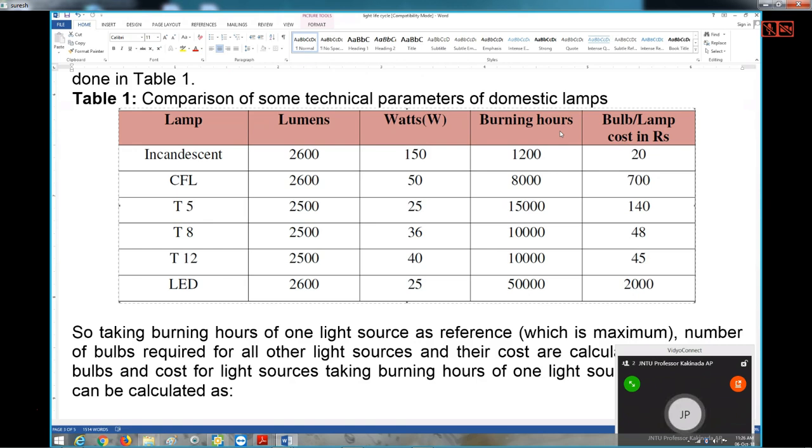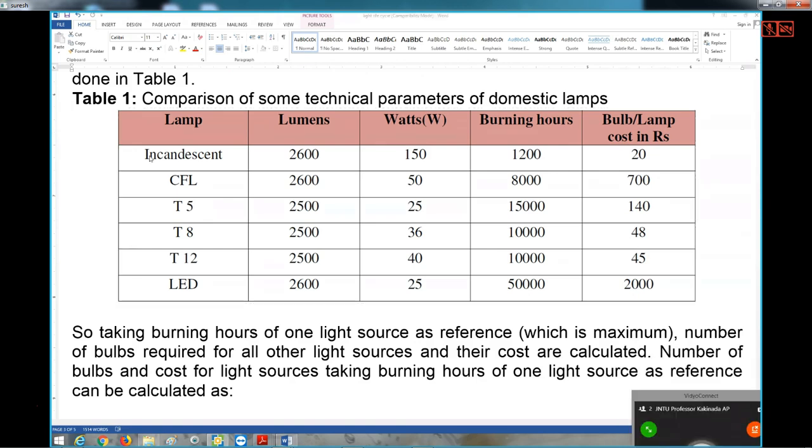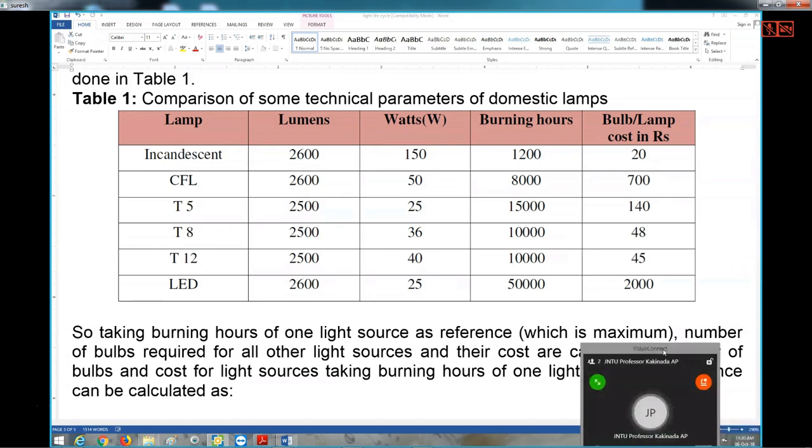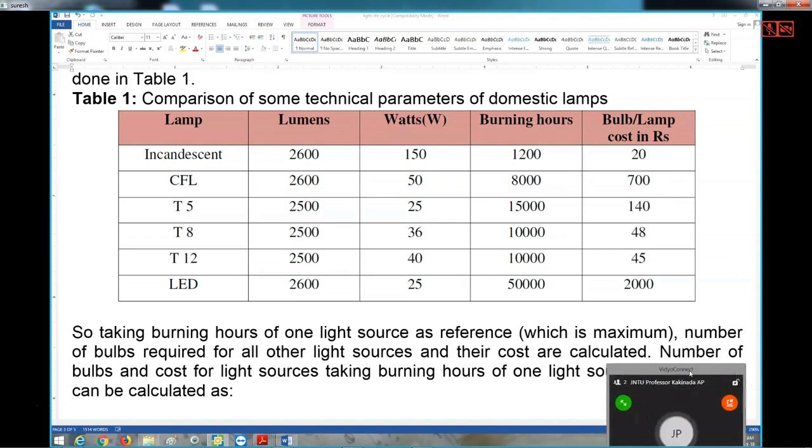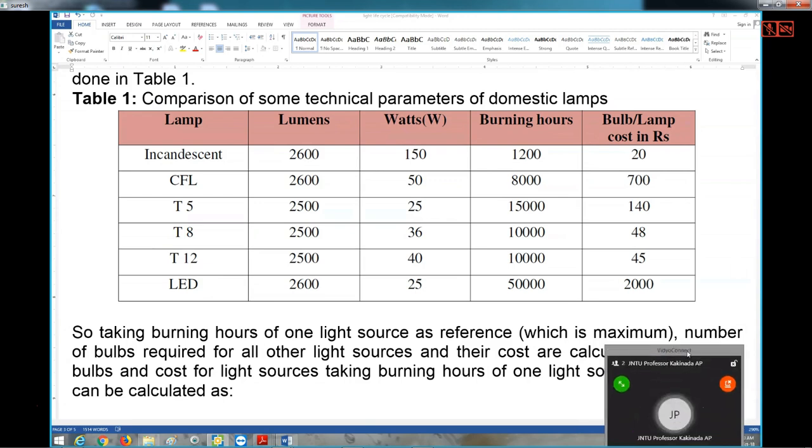Then coming to the LED lamp, it is 25 watts, the burning hours is 50,000 and it costs 2,000 rupees. Now regarding this case, here we are going to see the olden days technology, the incandescent lamp, being replaced with the LED lamp costing 2000 rupees and getting the same luminous output.